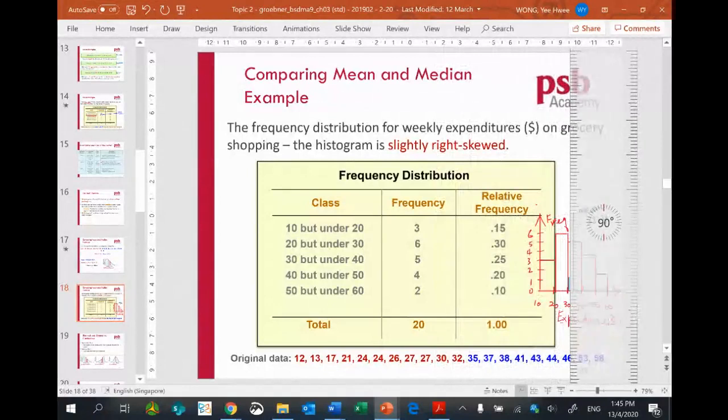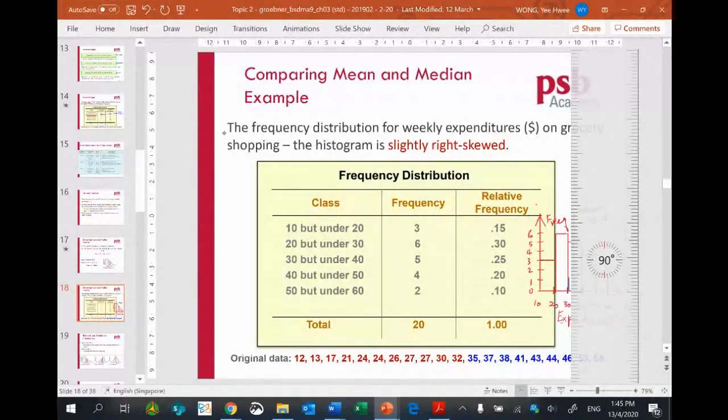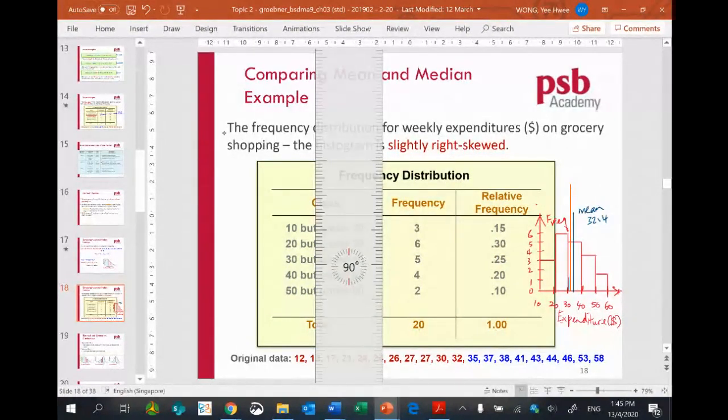So 31 is on the left hand side of 32. So I just draw a longer one, and this is the median, 31. So what do you notice here?